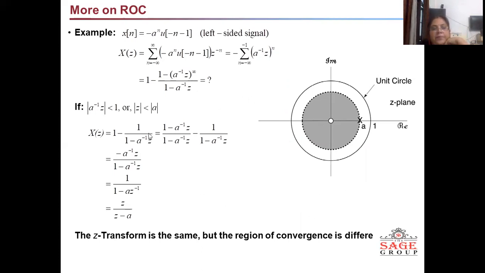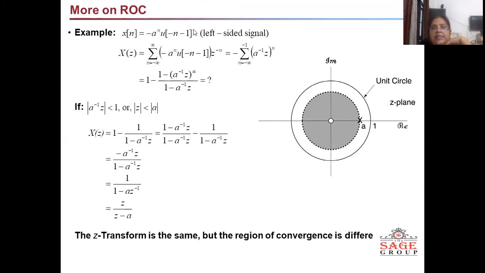Solving the above equation with the summation of the infinite series, X(z) comes to be z upon z minus a, which means there is a zero at the origin and a pole located at z equals a. Now it is inside the unit circle.